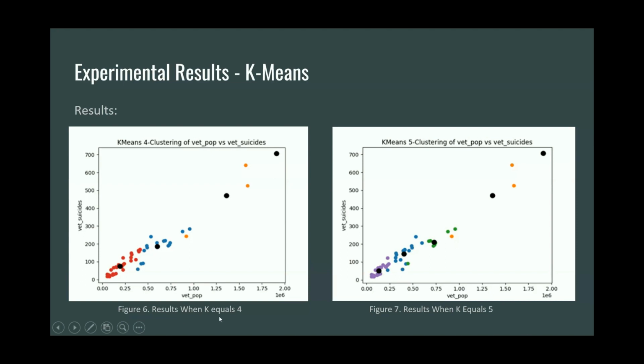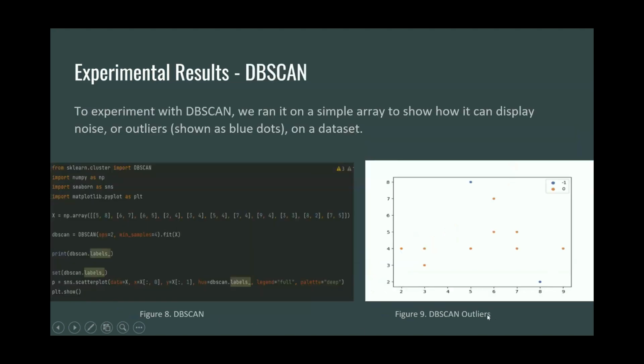So this is based on k equal 4, and this is based on k equal 5. This is just a schematic, just sample data to see if this works.